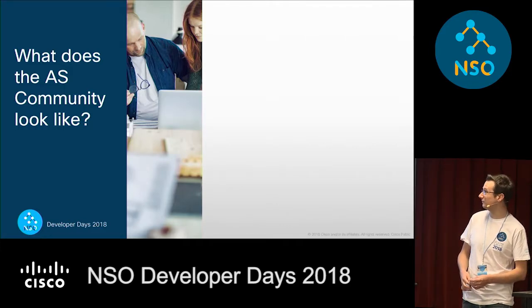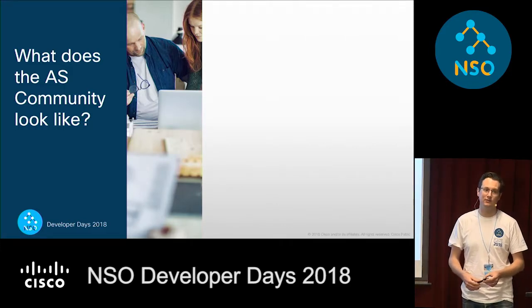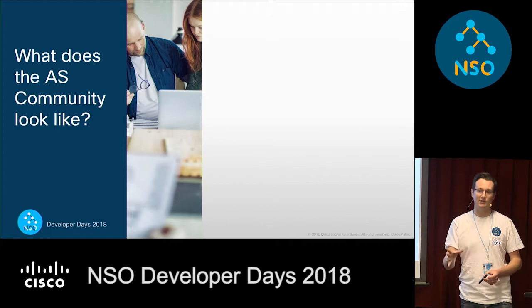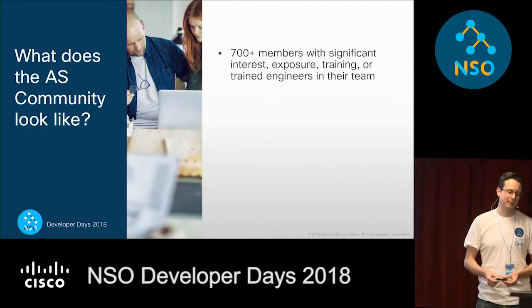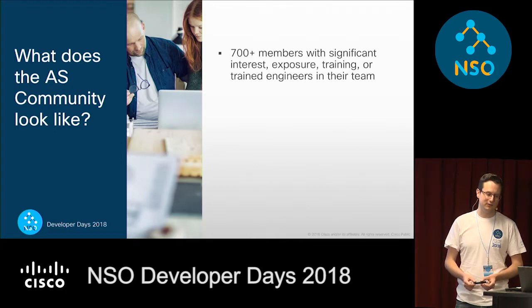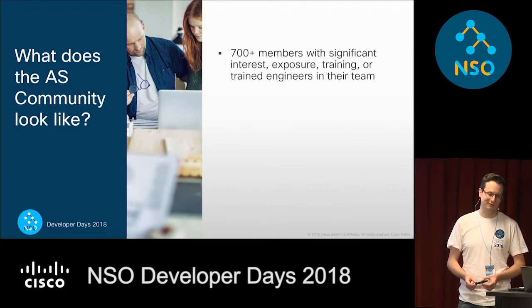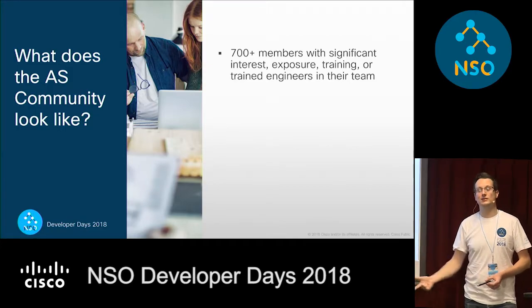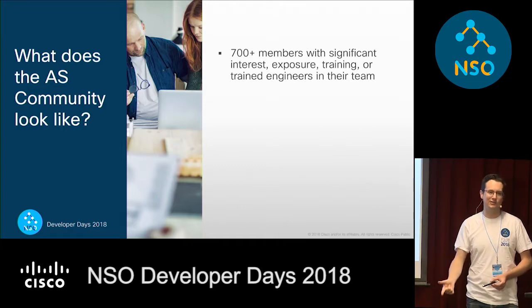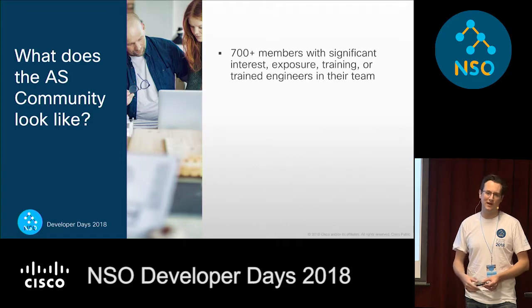So today we've got 700 people in this community within Cisco AS and TS, so technical support, TAC. And we got a couple of outsiders in there, outside of services. These are all people that are either trained in NSO, have a significant interest and have demonstrated a desire to learn more about NSO, or they manage people and NSO projects.